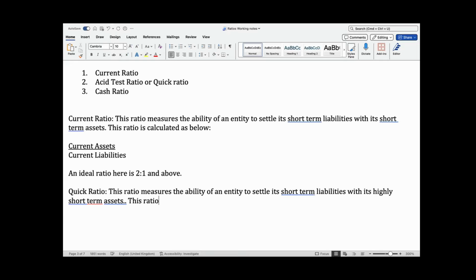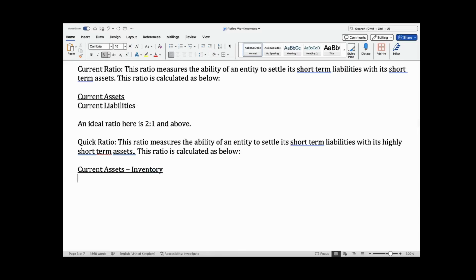And this ratio is calculated as below. It's calculated as current assets minus inventory divided by current liabilities. So an ideal ratio here is 1:1 and above.